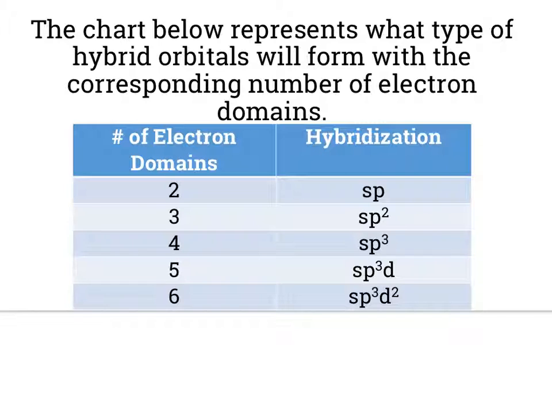We can hold 6 electrons in p orbitals because they come 3 at a time, and we can hold 10 in d because they come 5 at a time. This is representing that 3 out of those 3 p orbitals are going to overlap, and 2 out of those 5 d orbitals are going to overlap. That's what we're referring to, not how many different energy levels or subshells will be mixing.